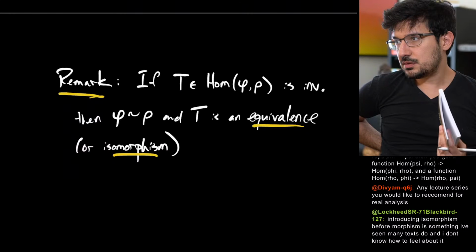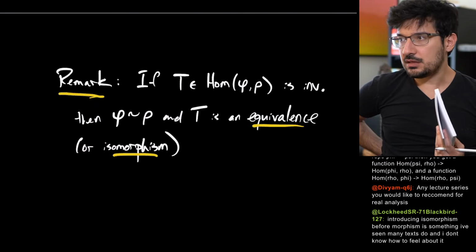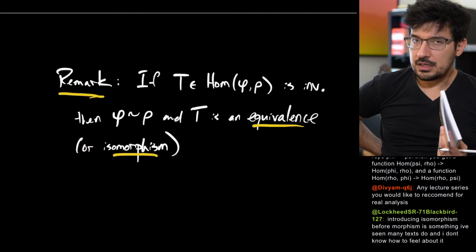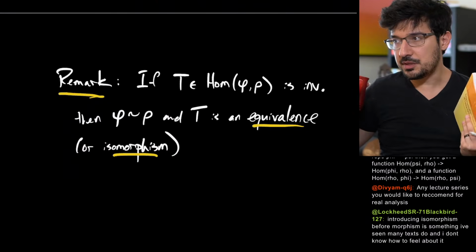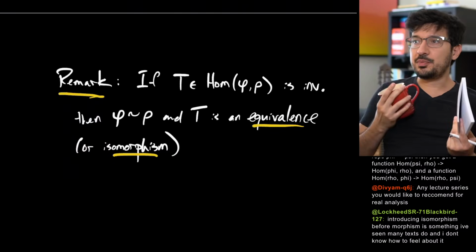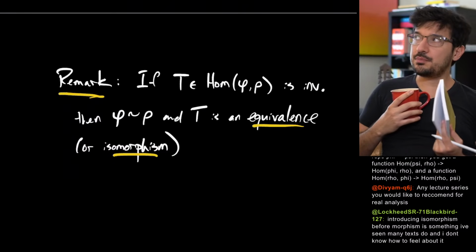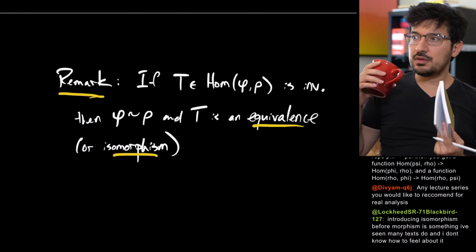Whew. Lecture series for real analysis. I don't have a good recommendation. Yeah, I don't know any. I took classes at university. There's probably some pretty good ones out there. Probably MIT OpenCourseWare, that's the first place I would check. I promise that they have lectures on real analysis.